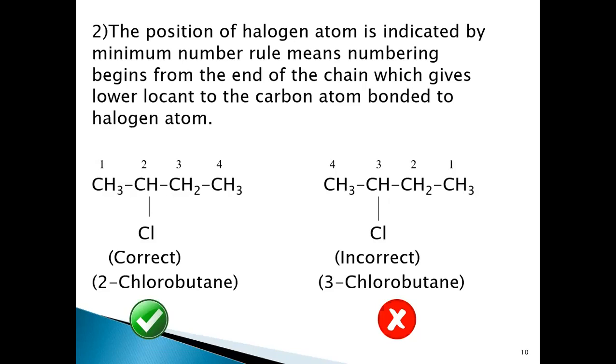Therefore the correct name is 2-chlorobutane. Always keep in mind that the numbering should be lower. The position of the halogen atom is indicated by the minimum number rule, meaning numbering begins from the end of the chain which gives the lower locant to the carbon atom bonded to the halogen atom.